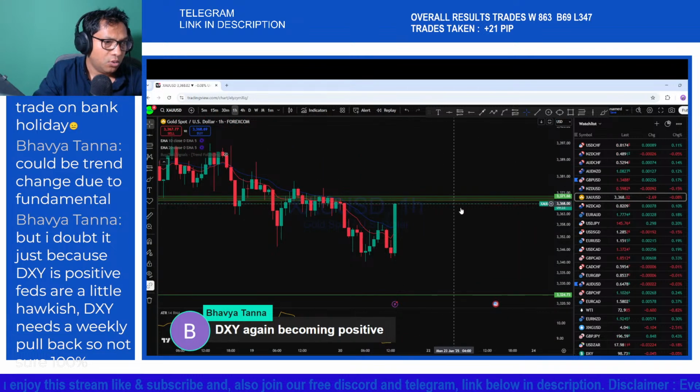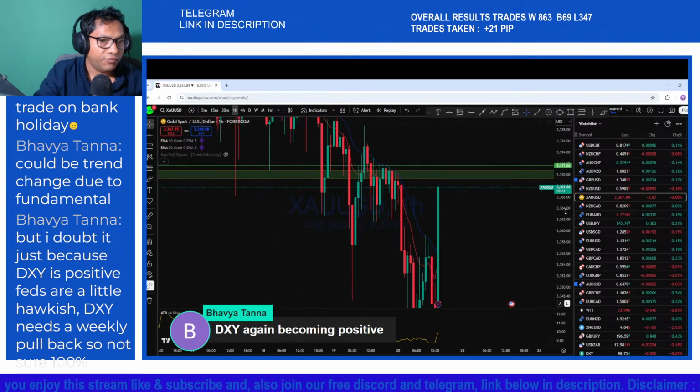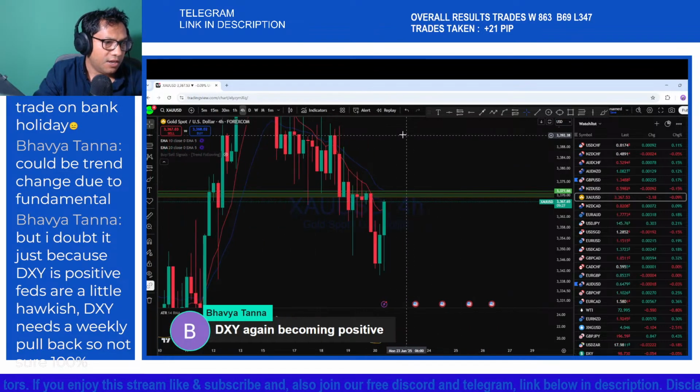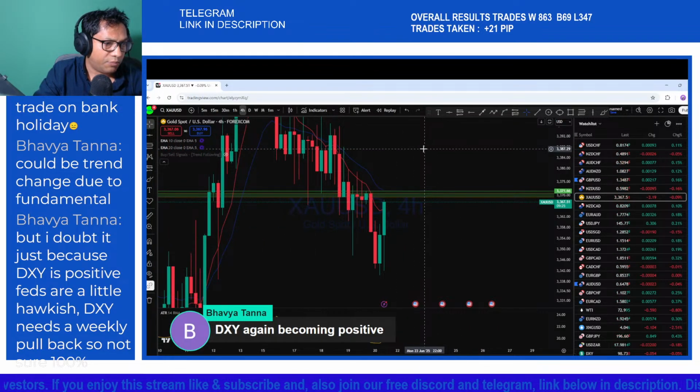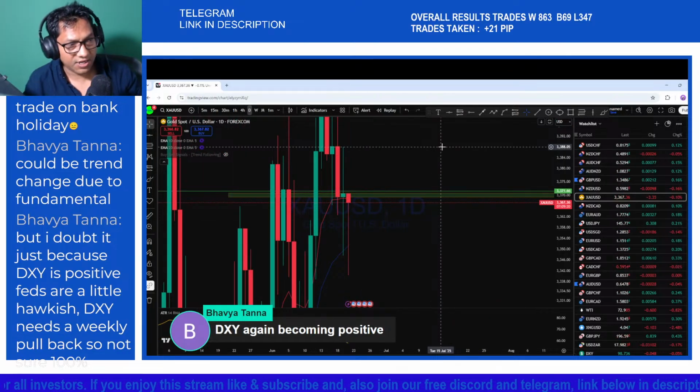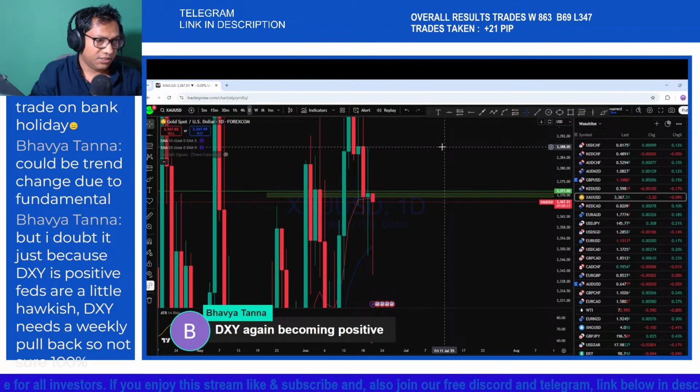If you look at it, it's a clean move back to the upside, approaching that 4-hour level and also hitting that daily resistance line.